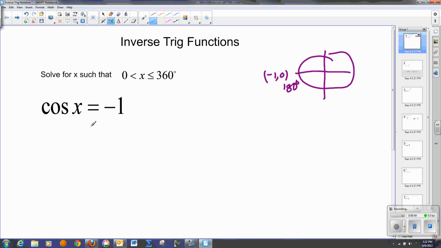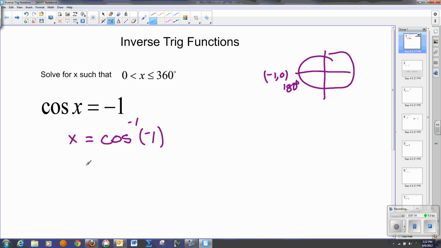Now, there's another way to write this that we've already used yesterday called using inverse trig functions. If I want to isolate x, that's the same as saying the inverse cosine of -1 is equal to x.